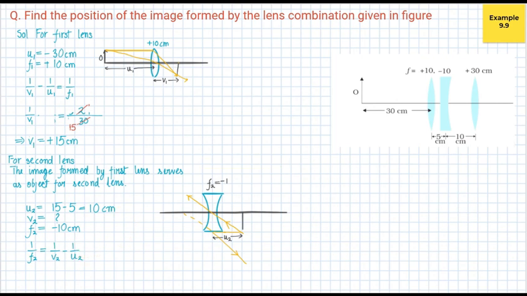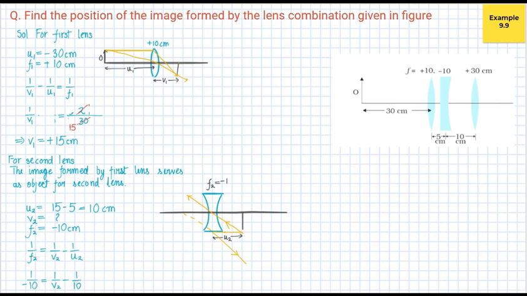And the focal length is minus 10. Can you see, this point will be the focal length. So here I'll write minus 1 upon 10 equals 1 upon V2 minus 1 upon 10. Right. Now, if you look carefully, this 1 by 10, if it goes to the other side, what will happen?